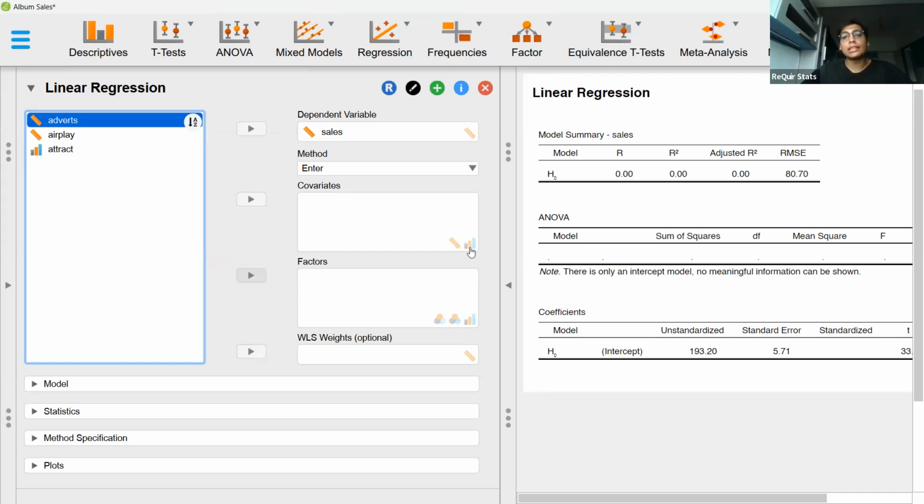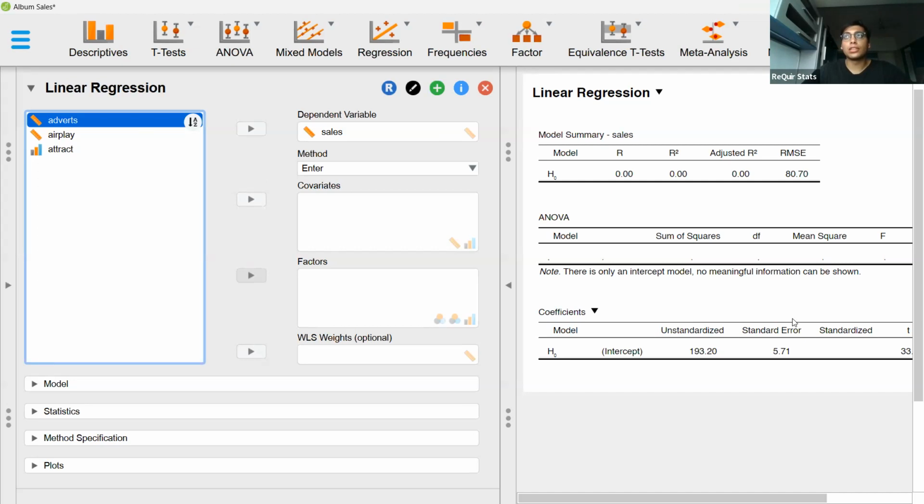Or you can just as easily summarize this data as medians and interquartile ranges or means and standard deviation. So that is why you can see ordinal variables as either covariates or factors. As you get more adept at performing regression, and statistical data analysis in general, you will recognize when ordinal data needs to be put as a covariate or numerical type of data, and when ordinal variables need to be put as factor variables.